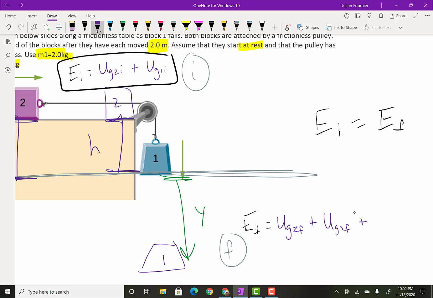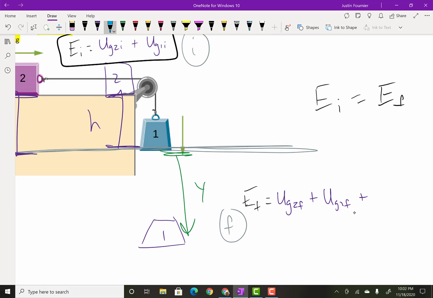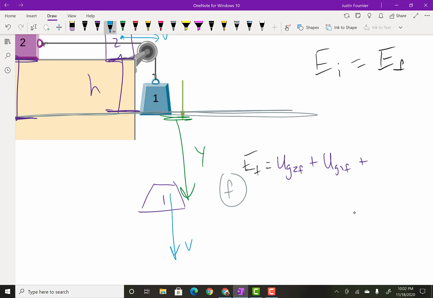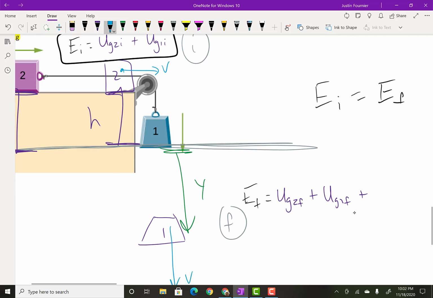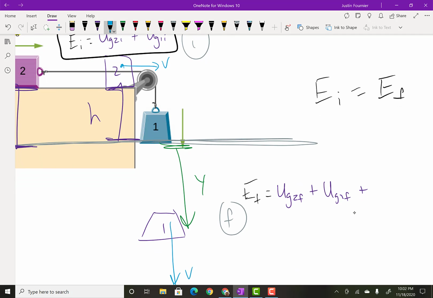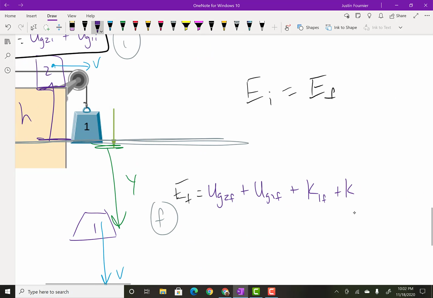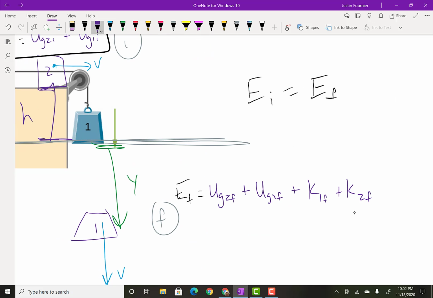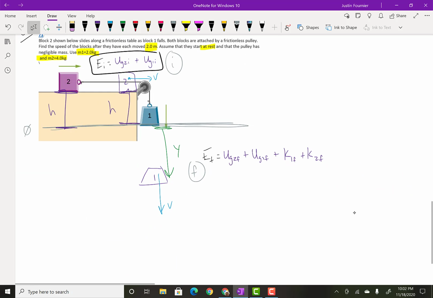Plus object 1 is now going to be moving, so both object 2 and object 1 are going to be moving with the same speed, right? They have the same speed because they're connected to one another. So I would have kinetic energy from object 1 at the end, plus the kinetic energy from object 2 at the end. Yeah, let's just throw all this at the bottom here.